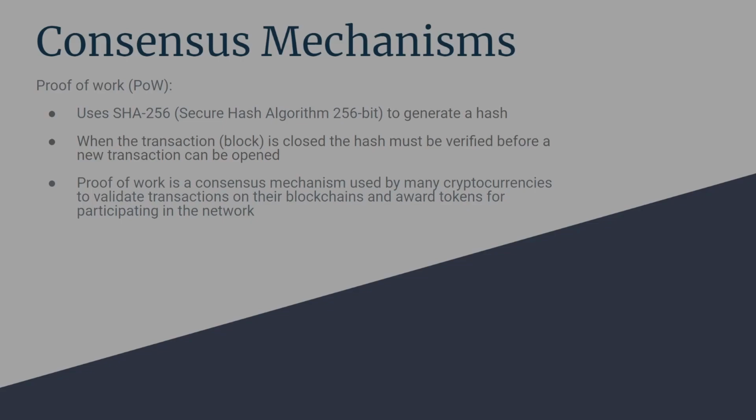In short, proof of work is a consensus mechanism used by many cryptocurrencies to validate transactions on their blockchain. It relies on hash functions like SHA-256 to generate hashes for blocks, and miners compete to validate these hashes. Proof of work ensures agreement among network participants and helps secure the blockchain against tampering and fraud.